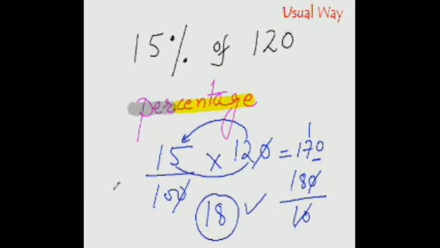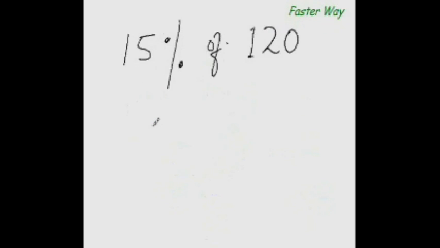But as you have yourself seen, despite using the shortcut technique, calculating the usual way takes little time and effort, isn't it? So now let me show you the easy way, the faster way of finding the percentages. So if you were to ask me what is 15% of 120, I'll straight away say it would be 12 plus 6, that is 18.